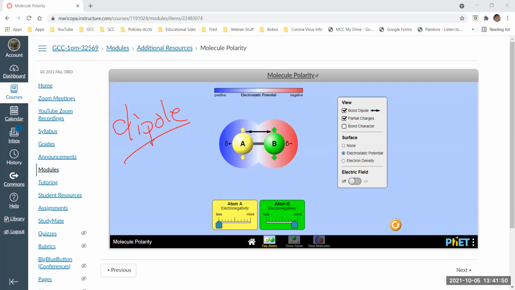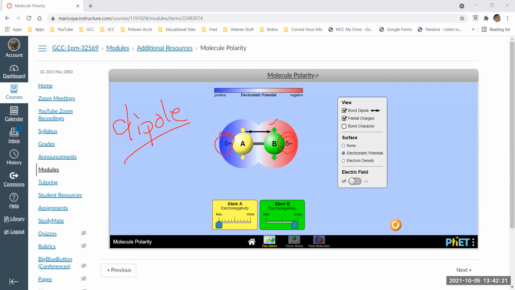So in effect, when B increases in electronegativity, it draws the electrons onto itself and creates what we call a partial negative. That's what that symbol is, lowercase delta, I believe. A partial negative charge, not a full negative like the ions. The ions have a full negative charge. On the other side, A has what we call a partial positive because the electron density is being pulled away, okay?